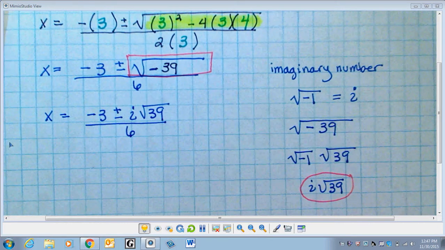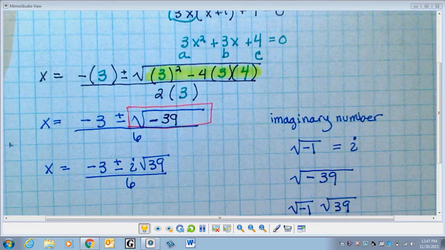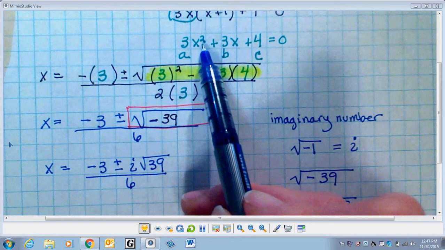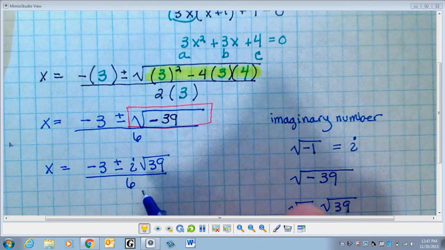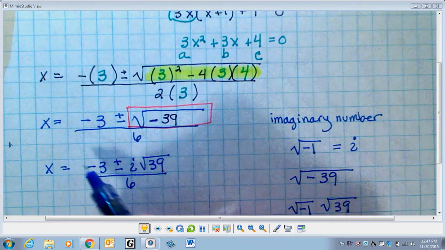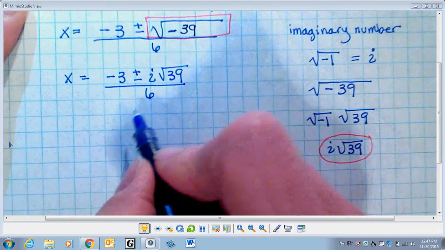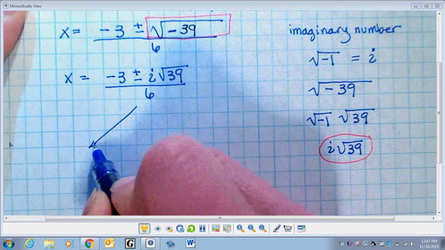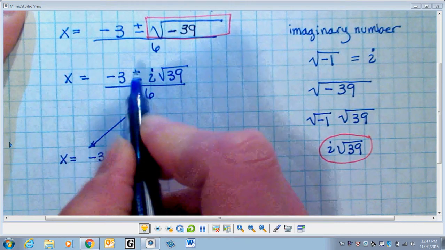So if you remember, I said we have a quadratic, and our quadratic has to have 2 roots because our highest exponent is a 2. So we have to have 2 roots. You might be saying, well, wait a minute, you only have x equals something here. Well, let me explain to you what this means. This is actually 2 roots. So this is x equals negative 3. Do you see the plus minus?